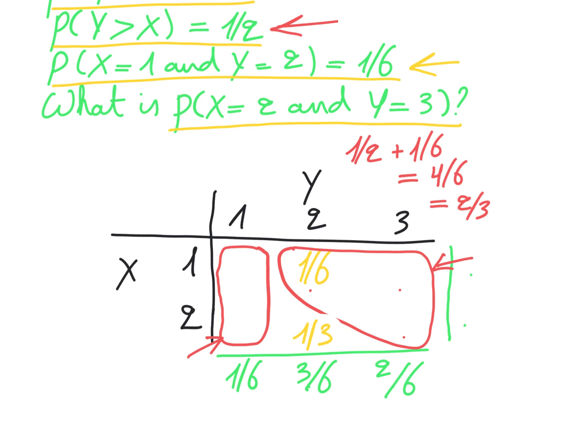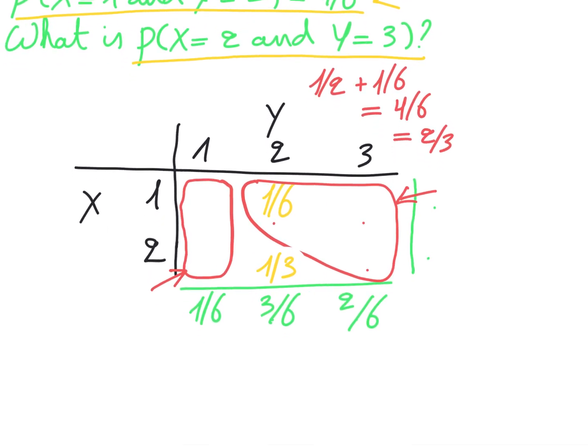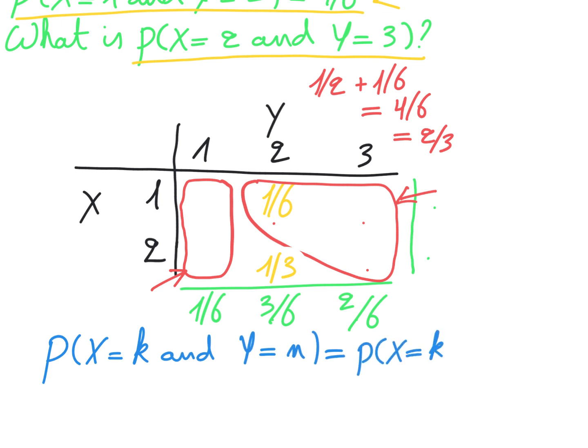Now we can use the fact that x and y are independent. Because being independent for discrete variables like these means that the probability that x is equal to k and y is equal to n is in fact equal to the probability that x is equal to k times the probability that y is equal to n.